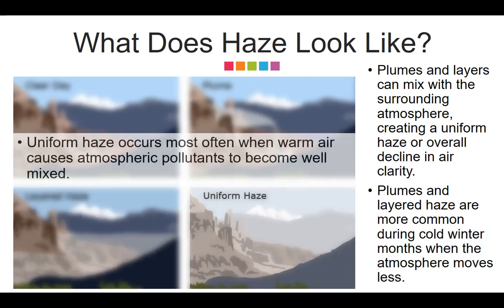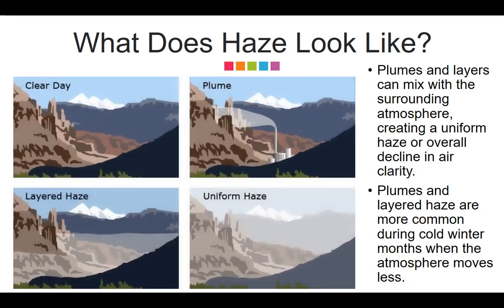And then the last one is uniform haze, which occurs most often when warm air causes atmospheric pollutants to become well mixed throughout all the air, and everything is dealing with the consequences of it. Okay. So again, from your clear day, you can see a plume haze, layered haze, or uniform haze, and all of those are going to impact how well you can see.